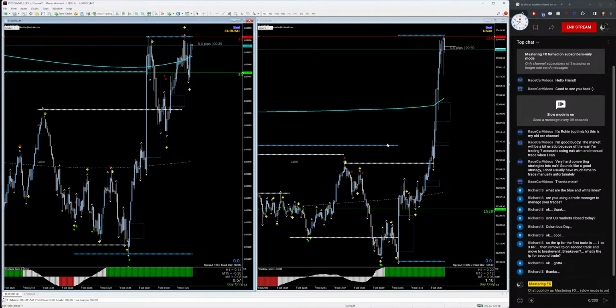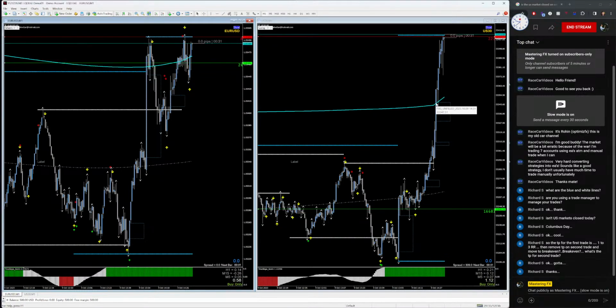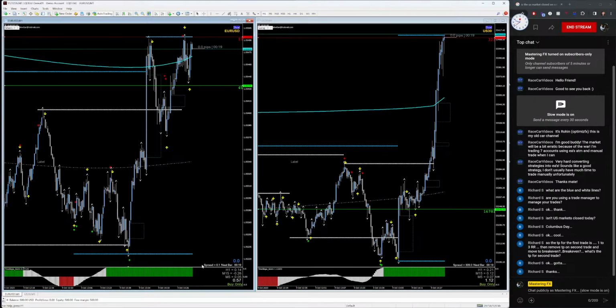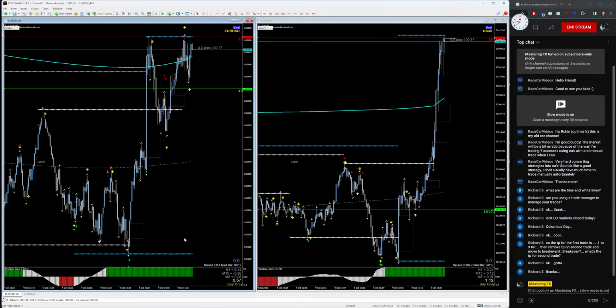And the same here, we raided the high and we touched the TMA band, so same conditions are given, so it's valid to look for a sell. However, the next condition that I have in my strategy is I want to see this bottom indicator white. Before this turns white, I'm not doing anything.